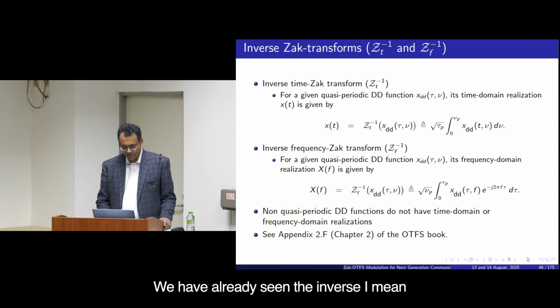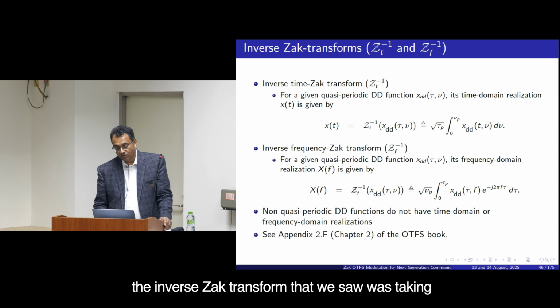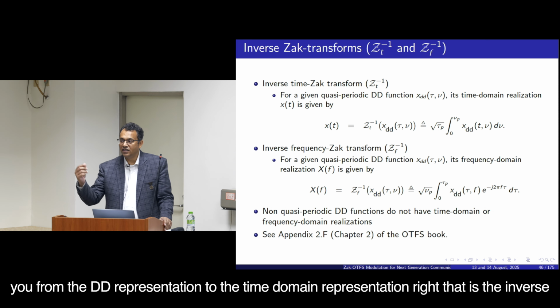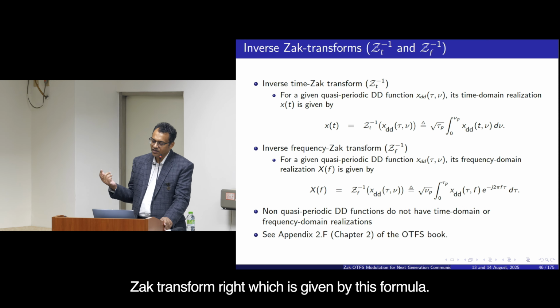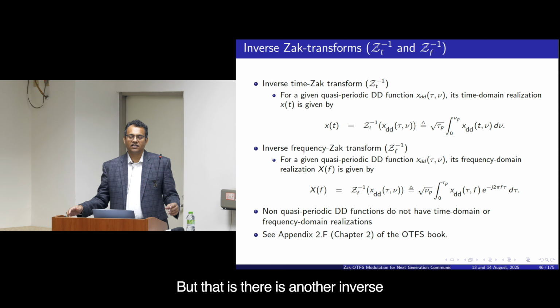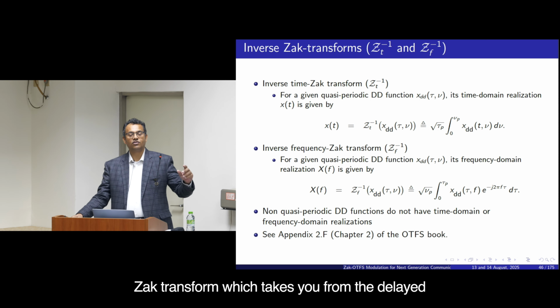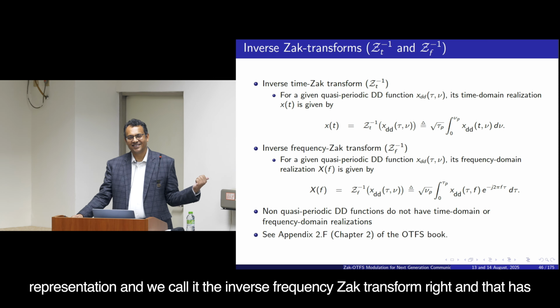We have already seen the inverse Zak transform that takes you from the DD representation to the time domain representation, right? That is the inverse Zak transform, which is given by this formula. But there is another inverse Zak transform which takes you from the delay Doppler representation to the frequency domain representation, and we call it the inverse frequency Zak transform, right?